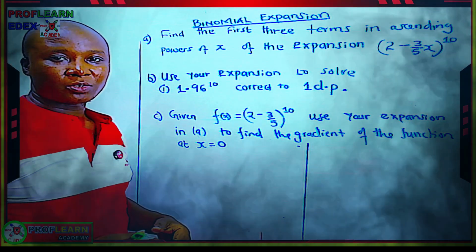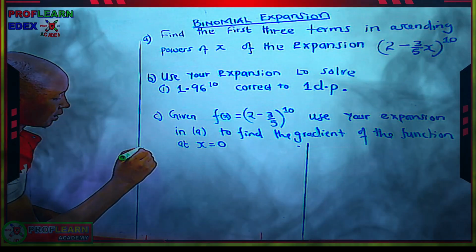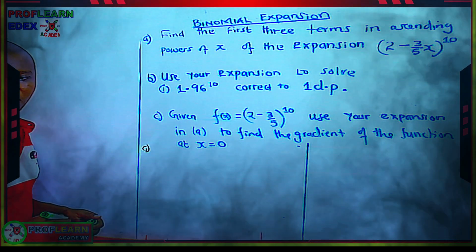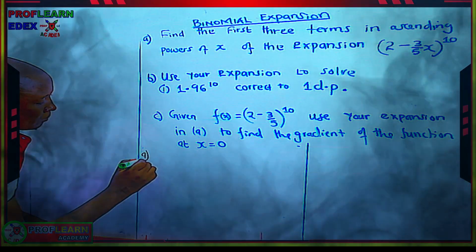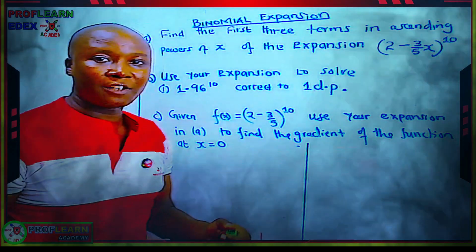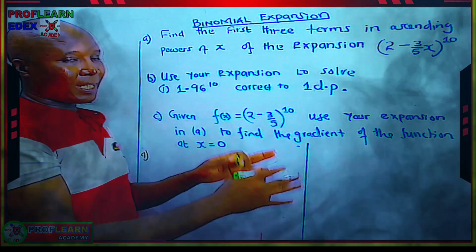Let's now dive in so that we can see what you are supposed to do. So let's look at the first question, part A. Whenever you are doing a binomial expansion, especially for P2, this is the kind of question you'll be asked.